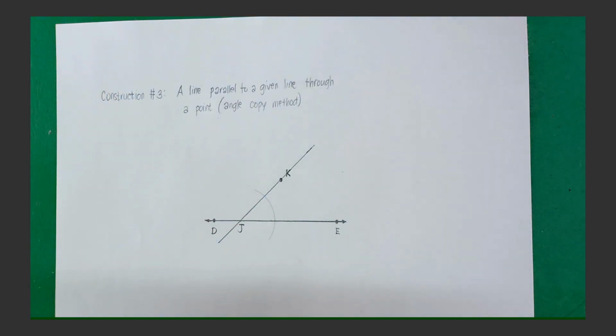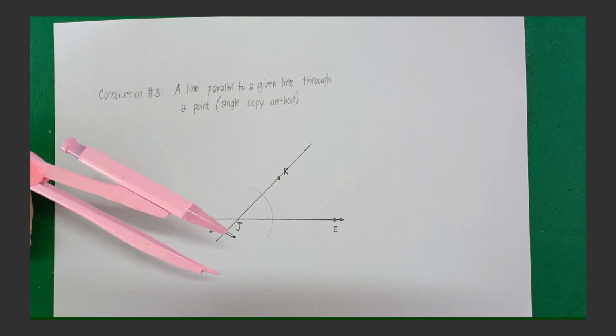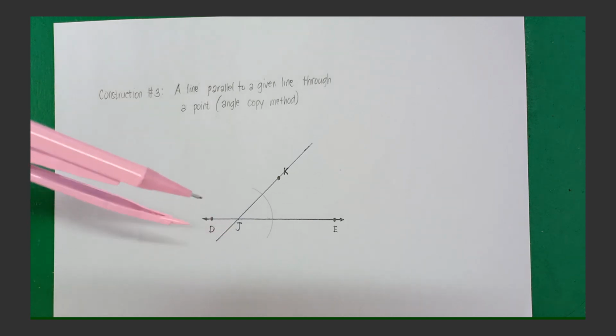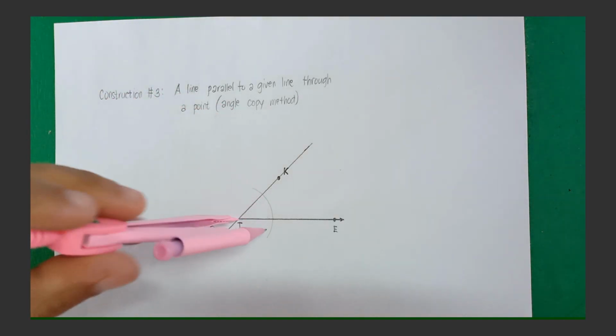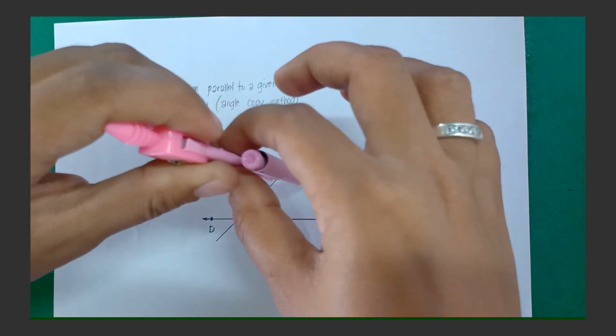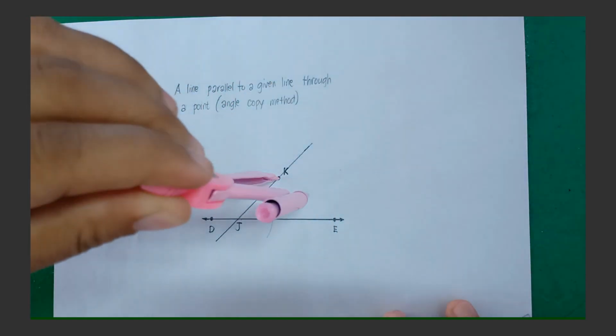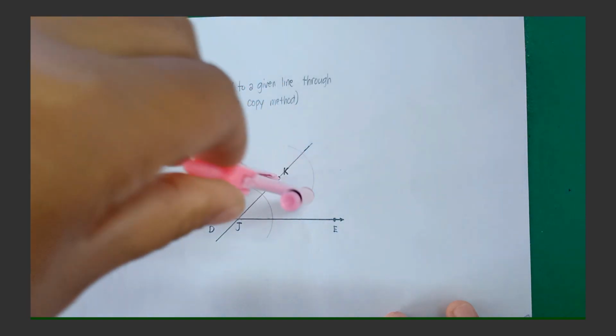And step 3, without adjusting the opening of the compass, move the compass to K and draw a similar arc to the one in step 2. So from here we drew an arc, then we moved to K and drew another arc. Let's have a bigger arc.